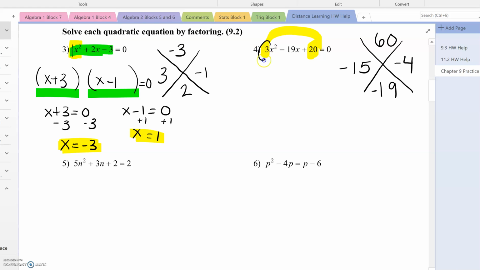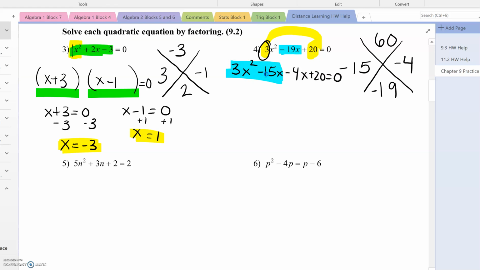Now remember the difference here was that there is an a value. There's a 3 out front. So we cannot go straight to parentheses. We need to instead rewrite the negative 19x as a negative 15x and a negative 4x. Once we rewrite the negative 15x and the negative 4x, we will then factor by grouping.